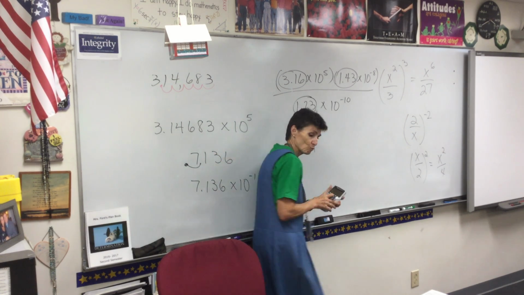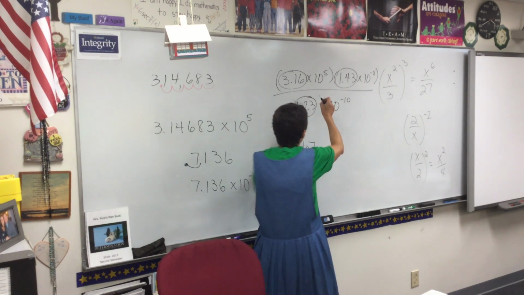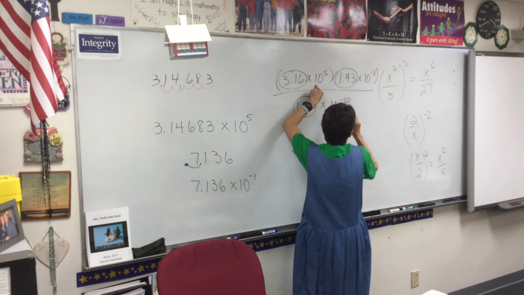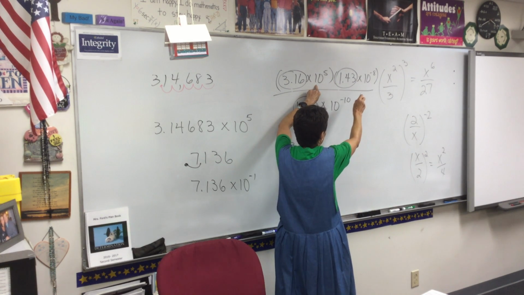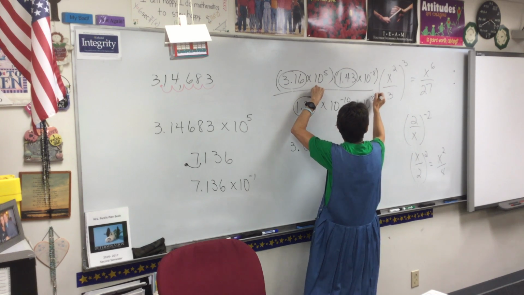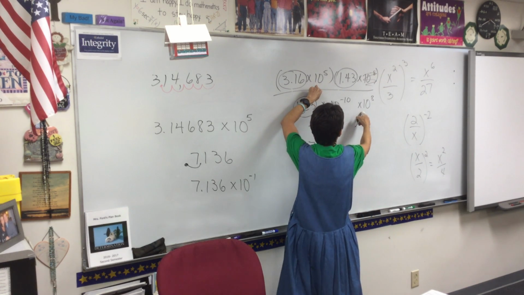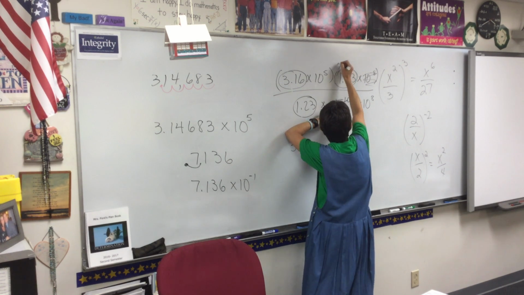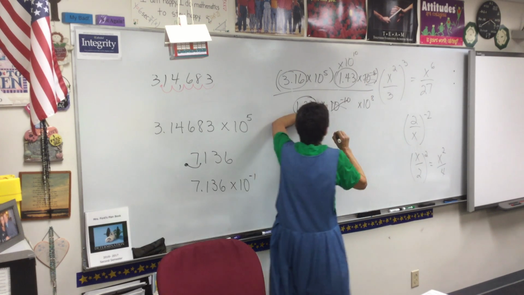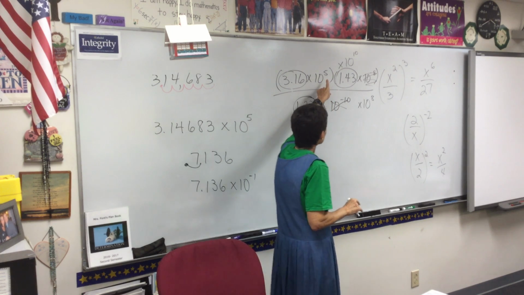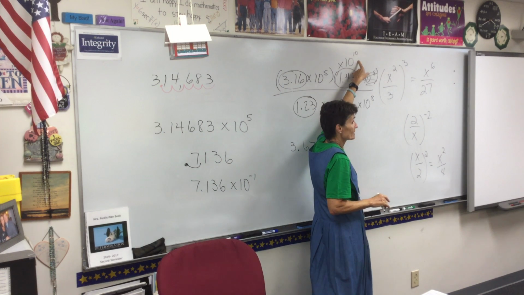Now, let's look at the rest of the problem. We have 5 10s here. Oh no, that's a -8. Where does that go? To the bottom? So I'm going to have times 10 to the 8th down here. Oh no, that's negative, so that one's going to the top. So I'm looking at just the 10s now. I have 5 10s and 10 10s.